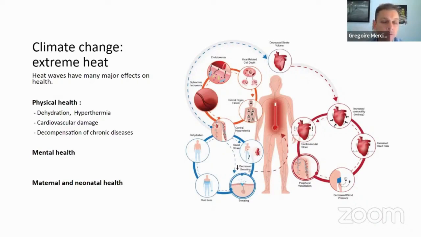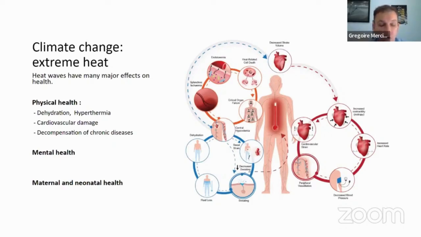So typically, if you are a patient with diabetes or chronic heart failure or COPD, so that's chronic respiratory failure, you are at high risk of acutization, hospital admission, and even death during a heat wave, and also during the days following a heat wave.